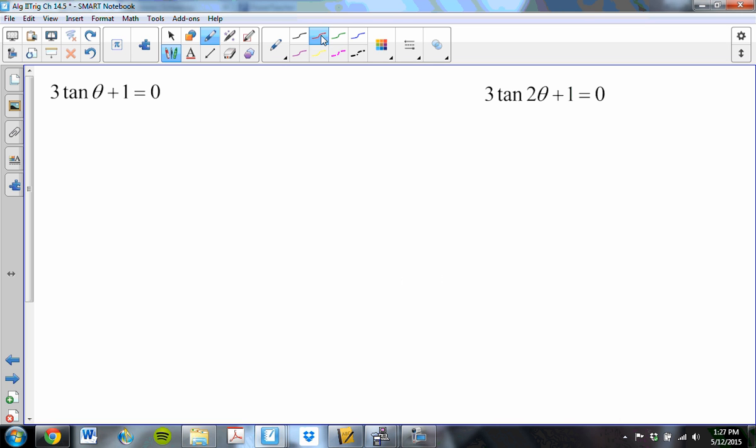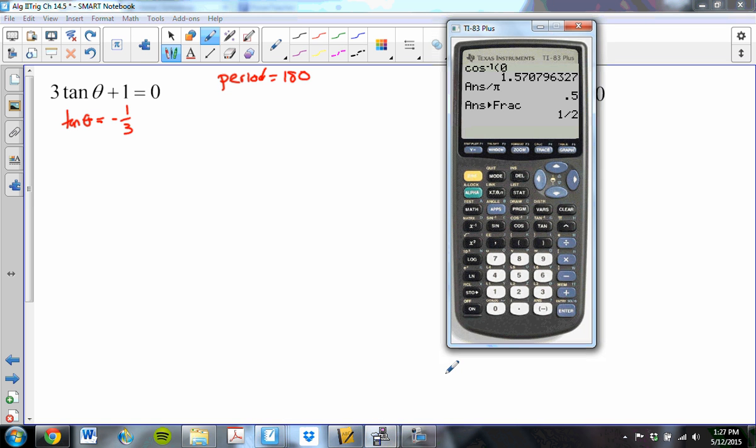Okay, last two. Tangent now. Remember, tangent has a period of 180, not a period of 360. Period of tangent is 180. So I solve this, I get that tangent of theta equals negative 1 over 3. I'm not really skilled enough to look at my unit circle and find that. So instead what I'm going to do is just do the inverse tangent.